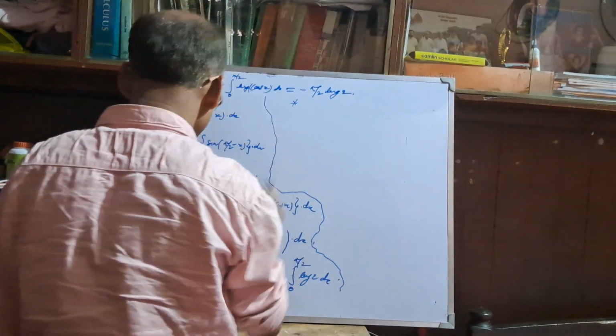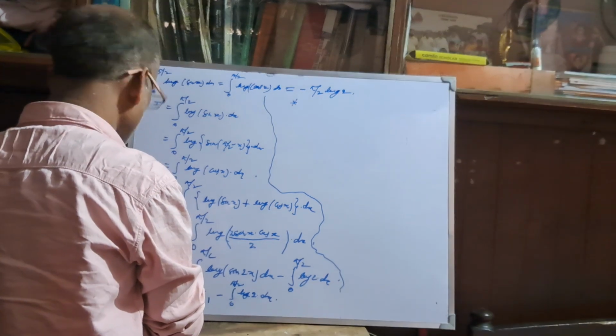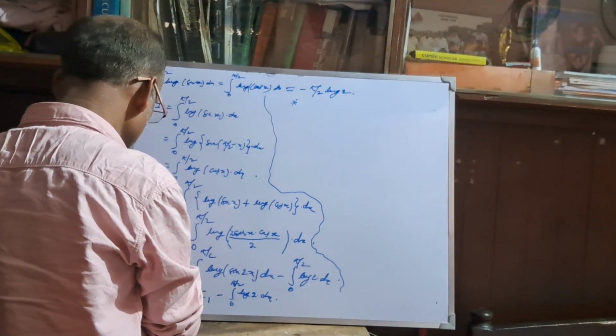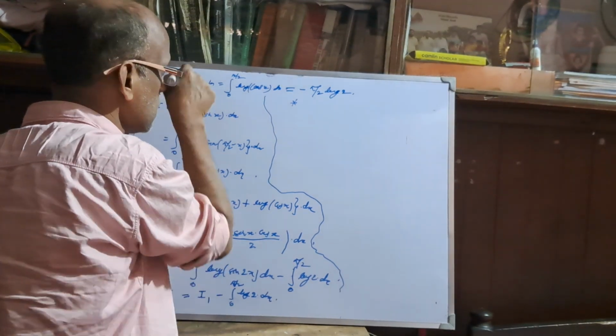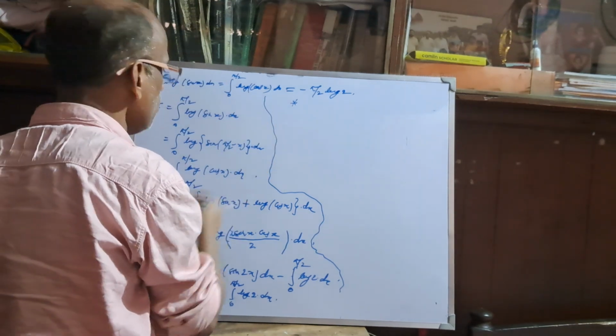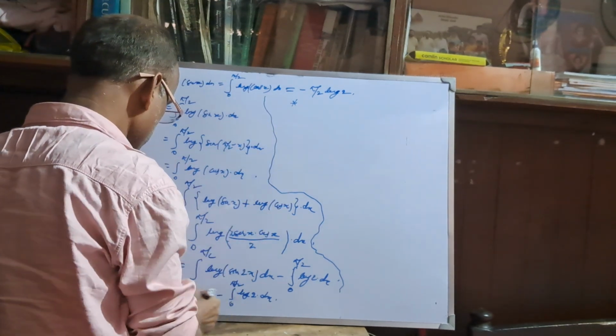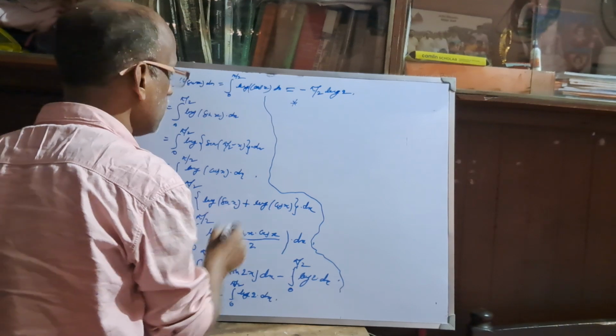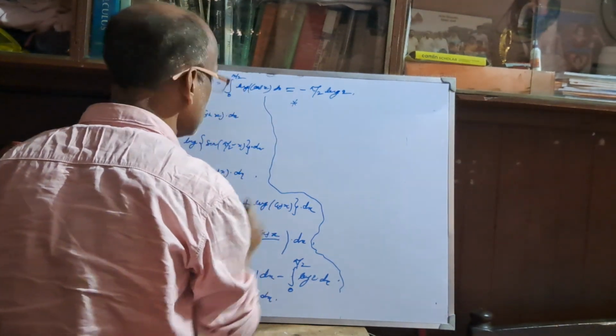You just take care of the symbol for connecting the steps, from one step to another, from the previous step to the next step. Okay, and this is I1.